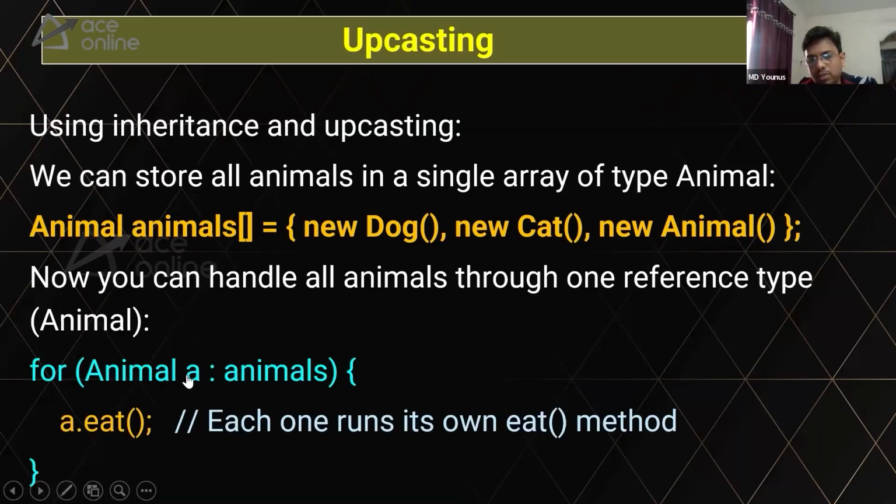Next time it will contain the object of Cat, so it will call the Cat method. Third time, if it contains Lion, it will call the Lion method. That is why it's called runtime polymorphism or late binding or dynamic method dispatch, because it will be decided at runtime which method is getting called.